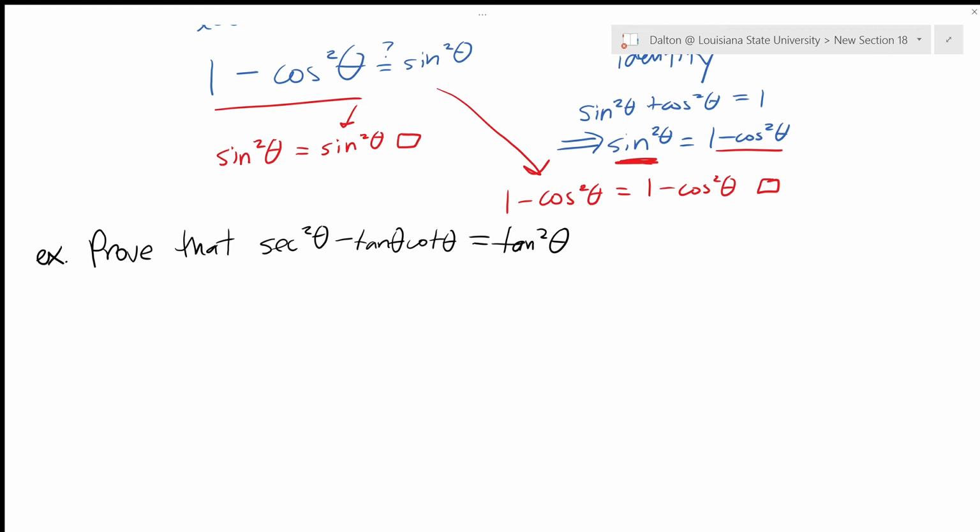So what if I try to get everything on the left side equal to tangent? I'm not saying change everything individually. I'm saying try to simplify some things to get tangent. Can someone tell me what is the relationship between tangent and cotangent? They're reciprocals. Go ahead, think out loud.